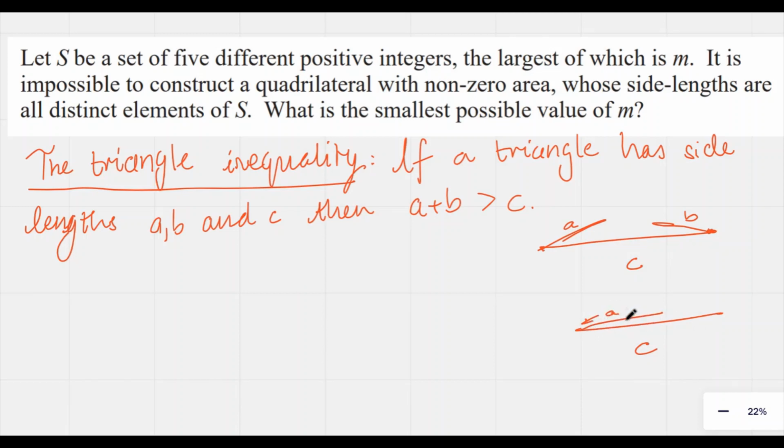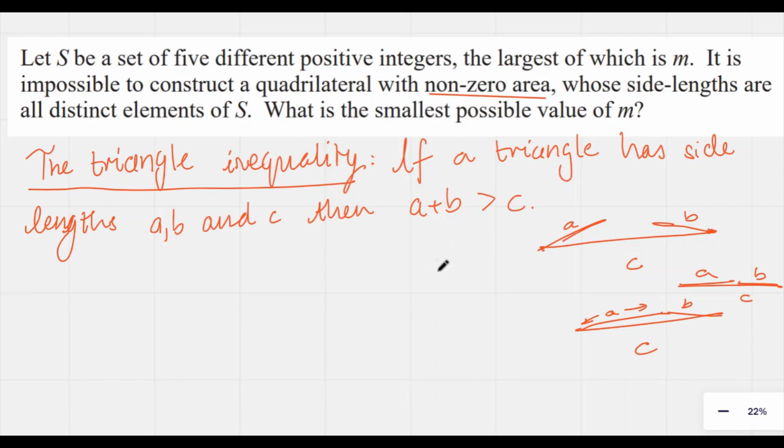So that side length there is A, and this side length here is B. But you can hopefully still see that A plus B must be ever so slightly bigger than C for this to work. Because if A plus B just equals C, you're going to get a straight line, where that's A and that's B. So technically it won't be a triangle because we require non-zero area here. Anyway, this is the triangle inequality, which is pretty famous.